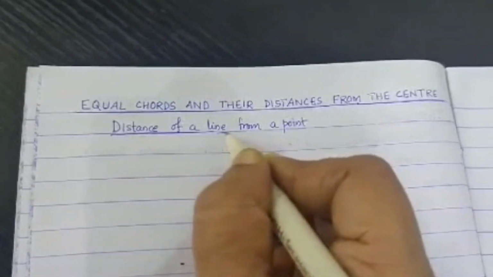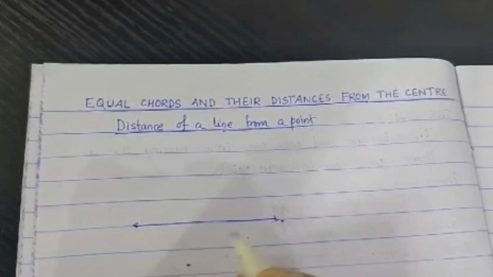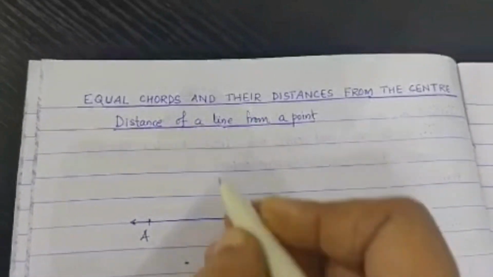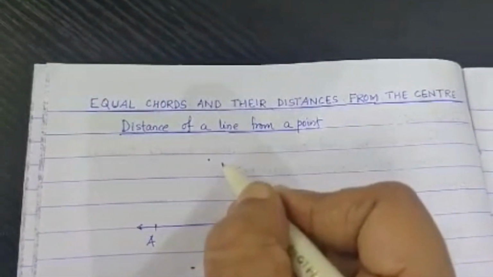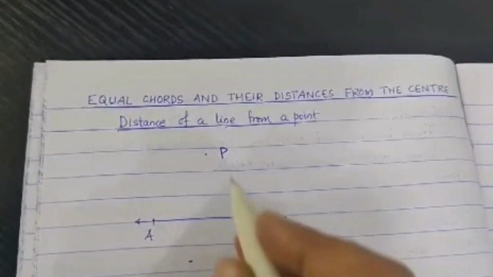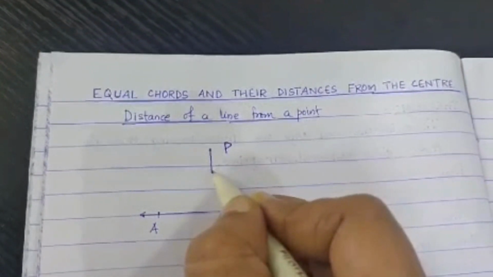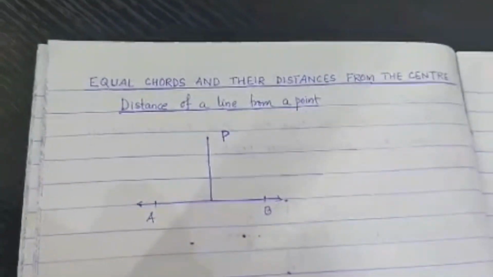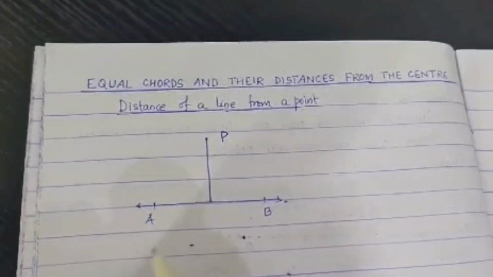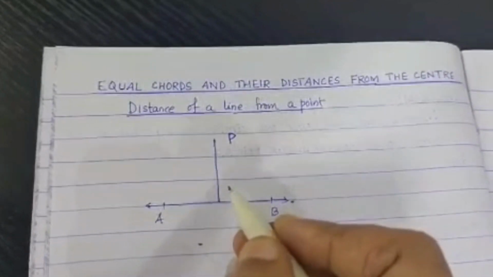Let us suppose this is a line AB, and here there is a point, let us name it P. The distance of this line from this point P is the least distance, that is the perpendicular distance. Because there are so many points in this line, here also, here also. So what is exactly the distance of this line from this point P? Basically this is the perpendicular distance.